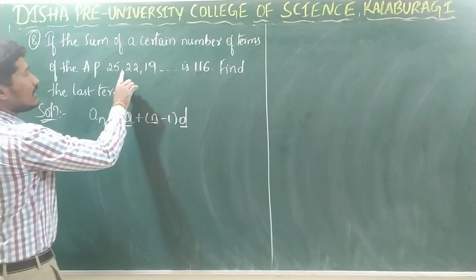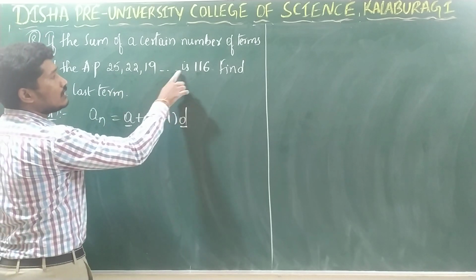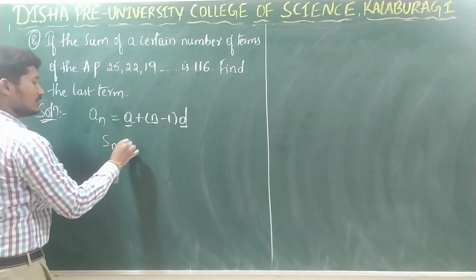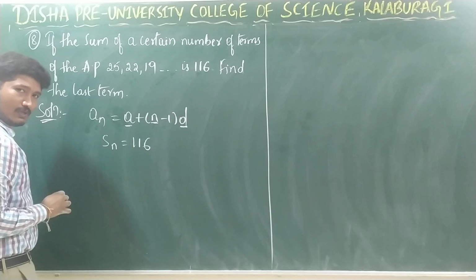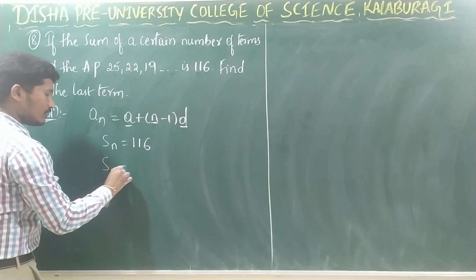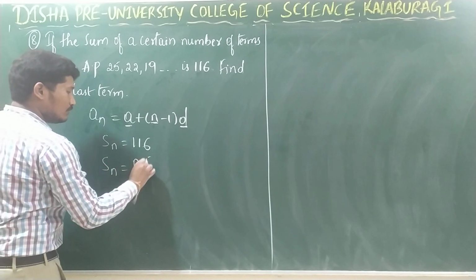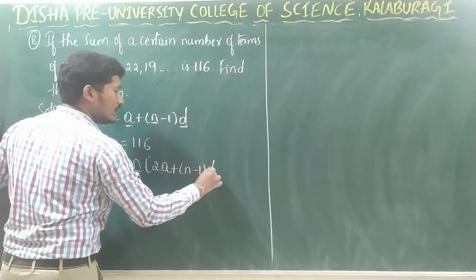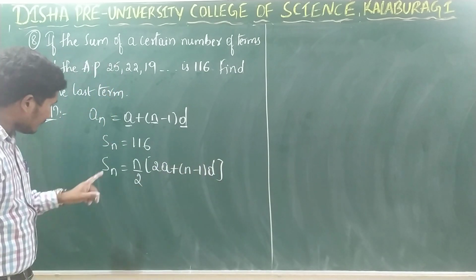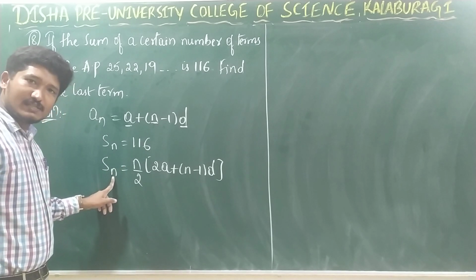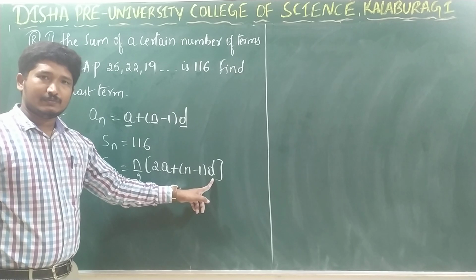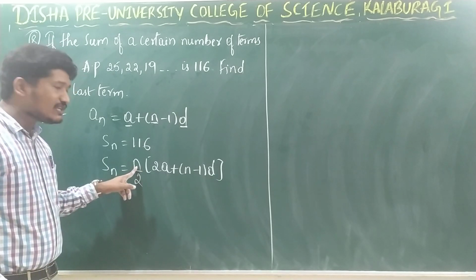See, we are given the sum of all the terms of the arithmetic progression, that is Sn is equal to 116. Right? What is the formula for Sn? n by 2 into 2a plus n minus 1 into d. Right? So see here, we have the value of Sn, we have the value of a, we have the value of d. The only unknown remaining is n.